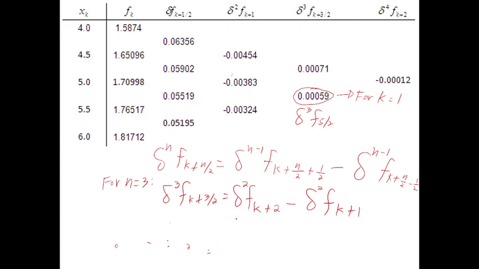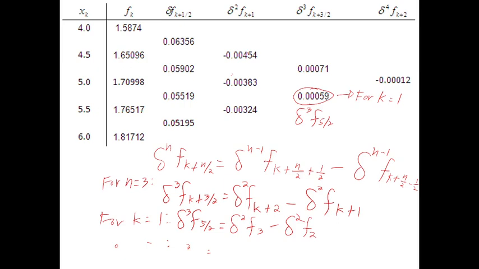There, this is now the formula. Okay, and for k equals to 1, so we have delta cube f 1 plus 3 halves, that is 5 halves, delta squared f 1 plus 2 is 3, 1 plus 1 is 2. There you go.